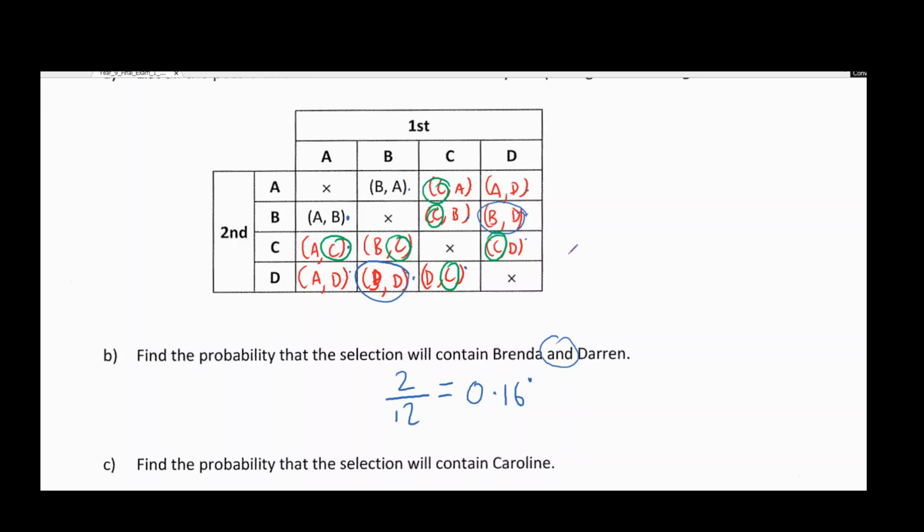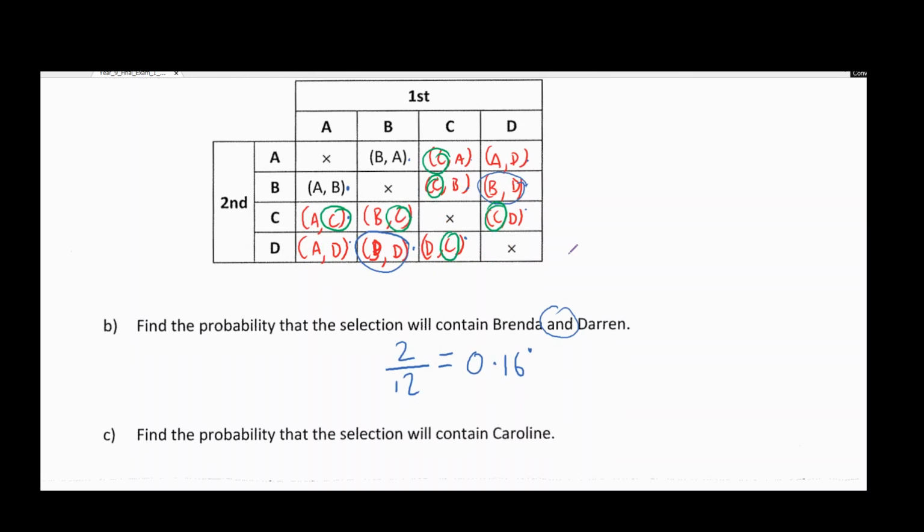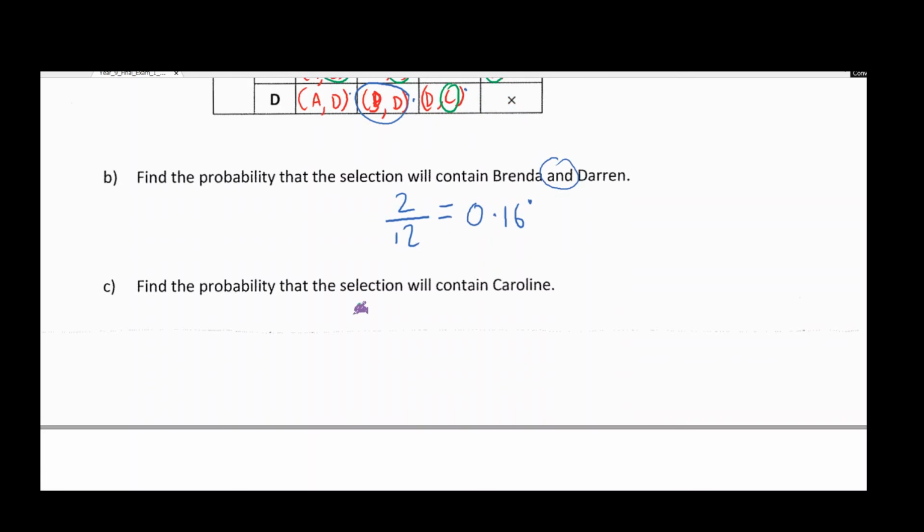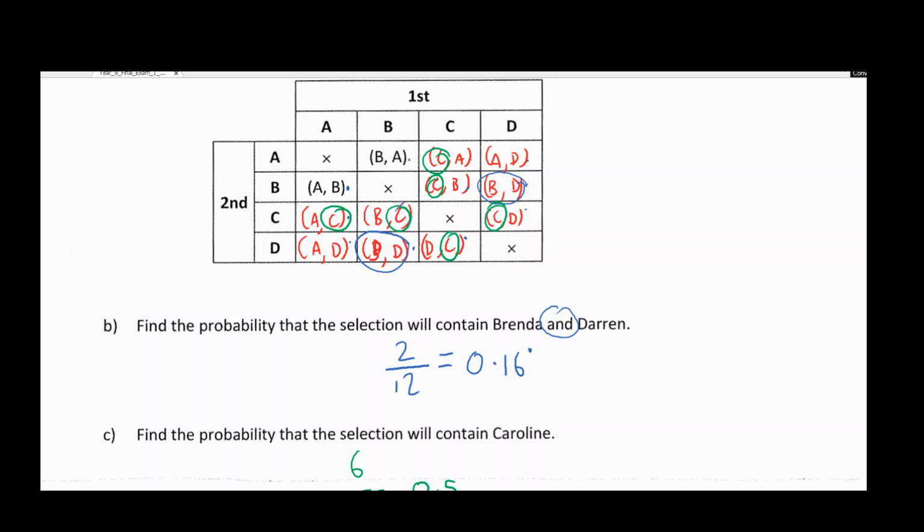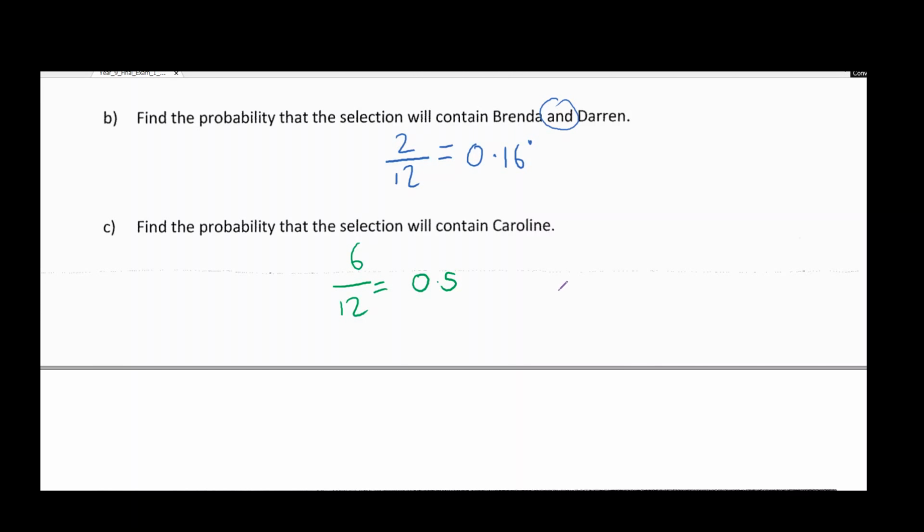Okay, 1, 2, 3, 4, 5, 6. So it's going to be 6 out of 12, which is 0.5. 1, 2, 3, 4, 5, 6. Yep. And that's it. 0.5 is our answer.